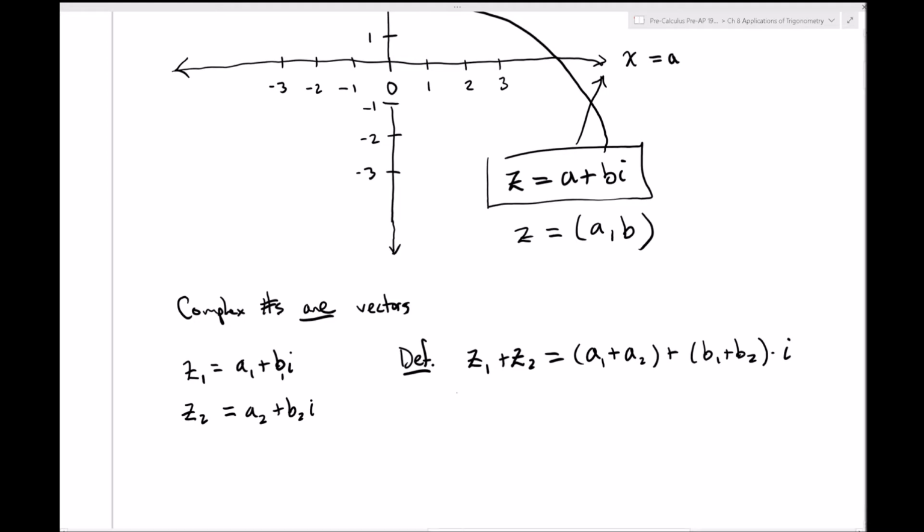What about scalar multiplication into a single complex number? So let's say my scalar is, I already used a and b, so I guess I'll use c. c times z1 is equal to c times a1 plus b1i. You could distribute the c, and it's c times a1 plus c times b1 i.